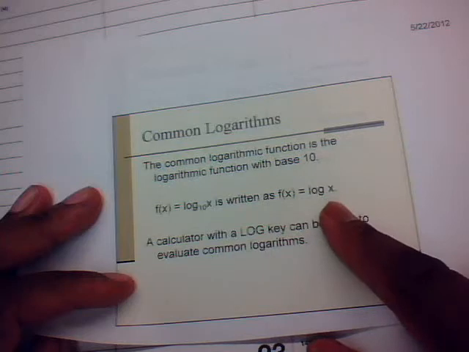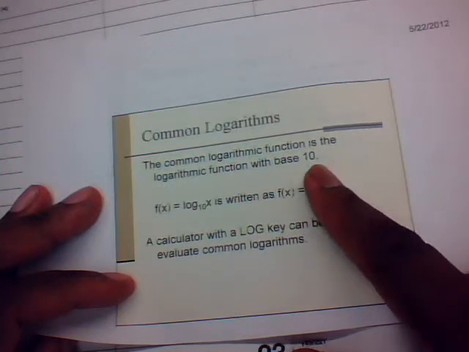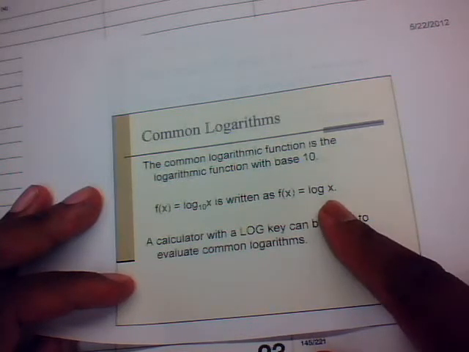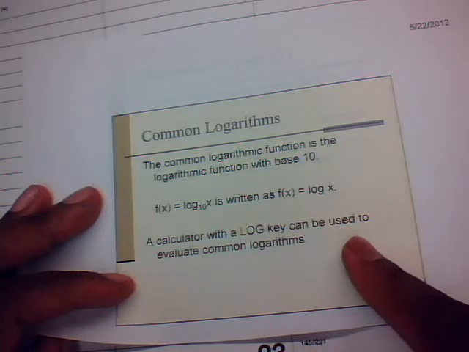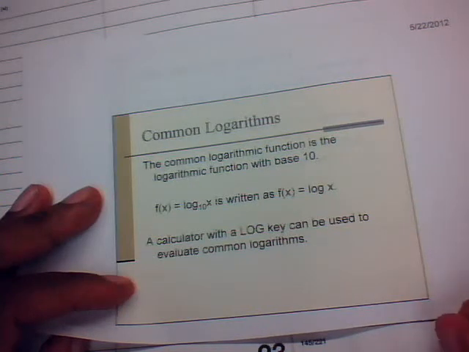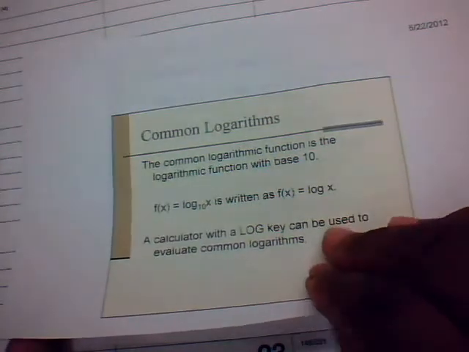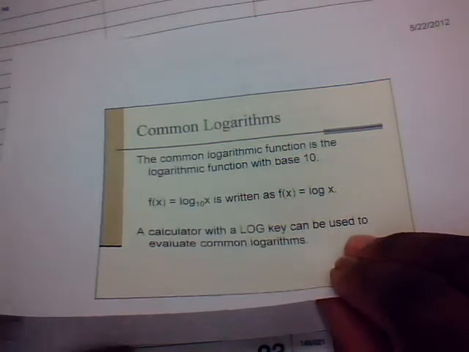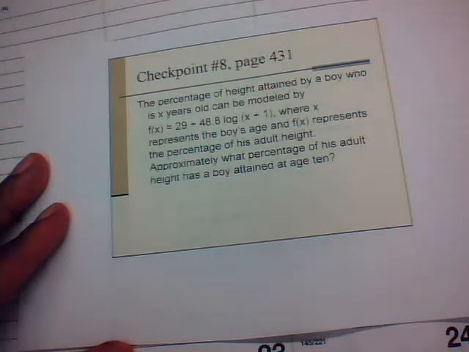This is a common logarithm, meaning that the base is understood to be 10. And we do have a log key on our calculator that we can use to evaluate common logarithms. It's the sixth key on the far left-hand side of your calculator if you have the TI-83 or 84 Plus calculator.